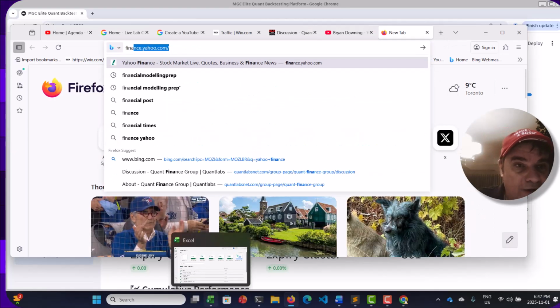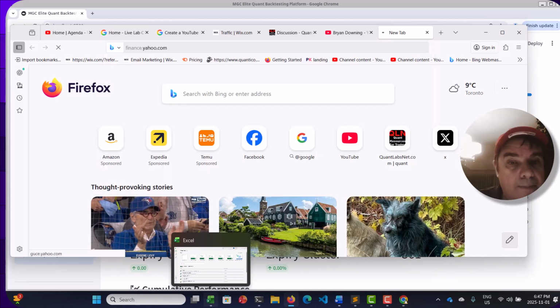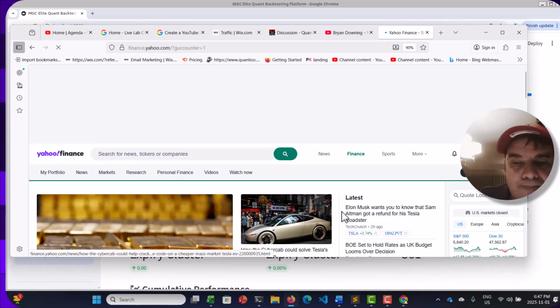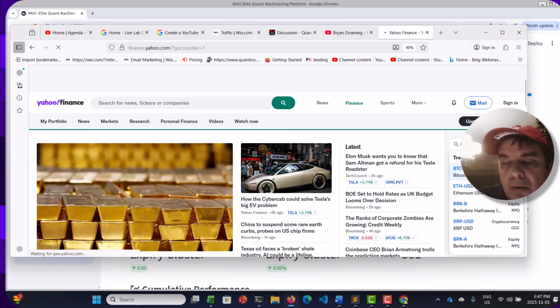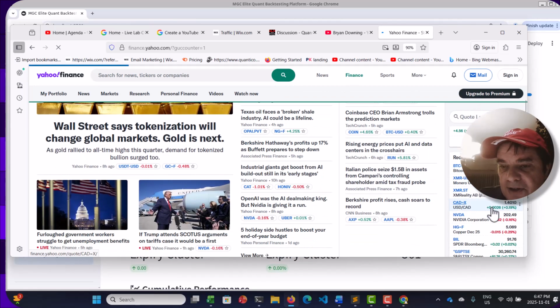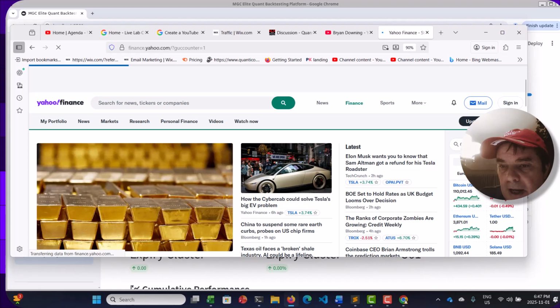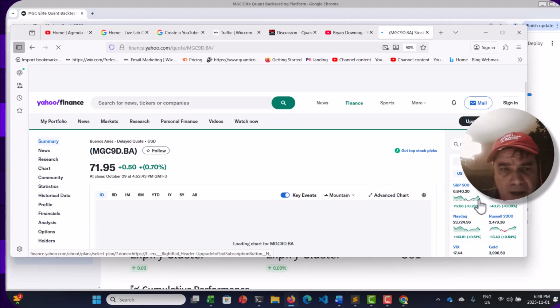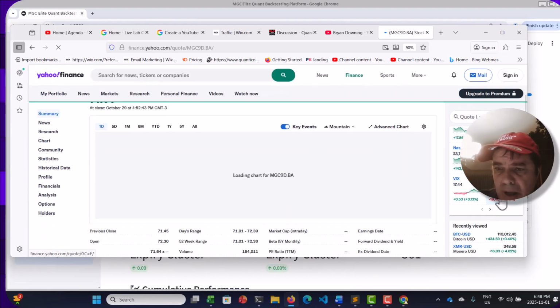So if I go to Yahoo Finance and show you gold, let me just try this symbol name, MGC. Let's just go with this one, Standard Gold.